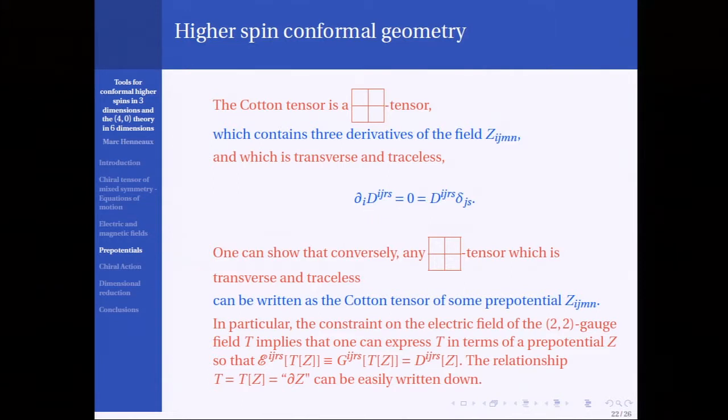And so in particular the constraint on the electric field, which was transverse, can be solved in terms of a prepotential that will equate the electric field of T to the Cotton tensor of Z. And so there is some relation that can be written for giving T in terms of Z. And clearly by counting derivatives, this relation will involve one derivative of Z, such that if you compute the Einstein tensor of the electric field of T, it's exactly the same as a Cotton tensor of Z. And that follows by solving the constraint.